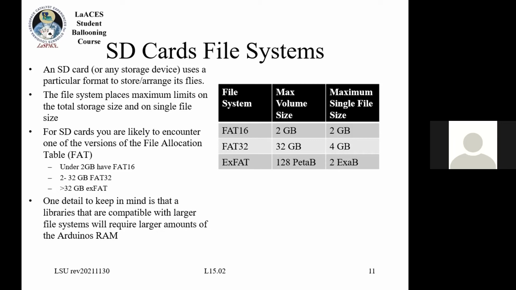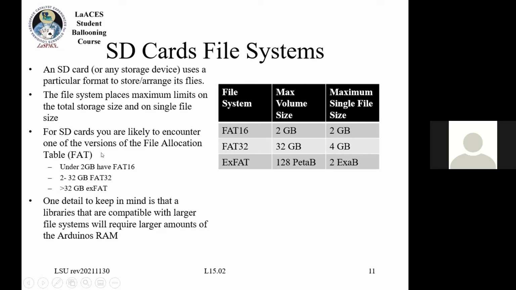That's because obviously I need some sort of addressing where I'm saying, hey, file 1 is from this address to this address. So as I get bigger and bigger storage size, I need longer and longer addresses, which means I have to set aside more information for the file system itself.